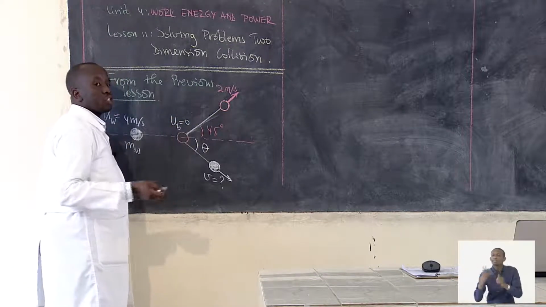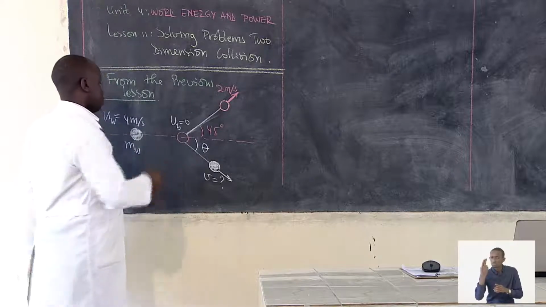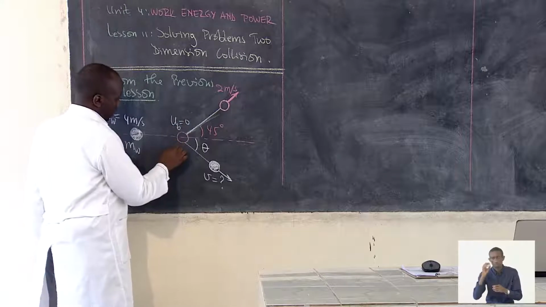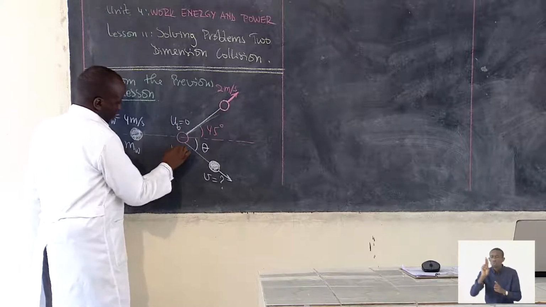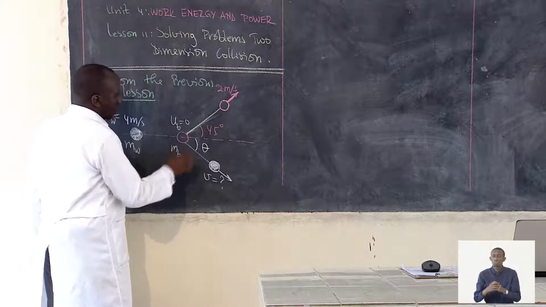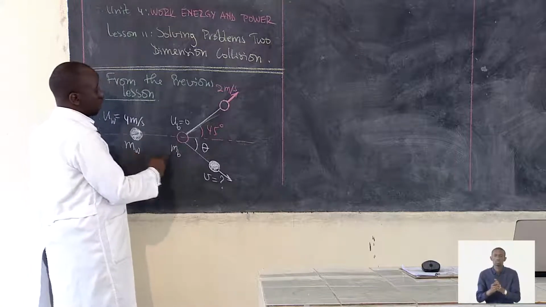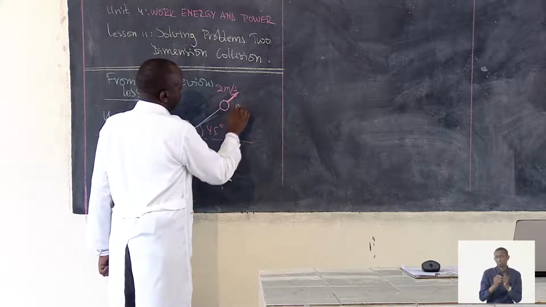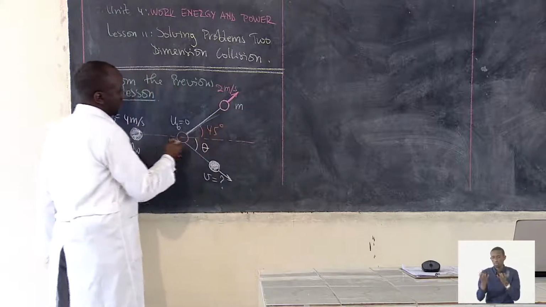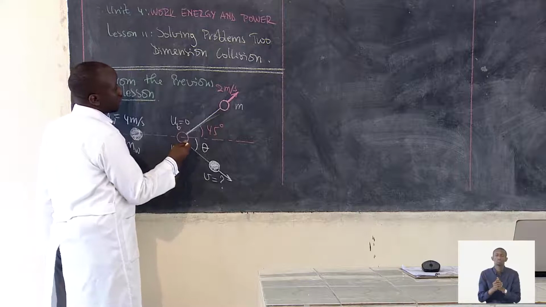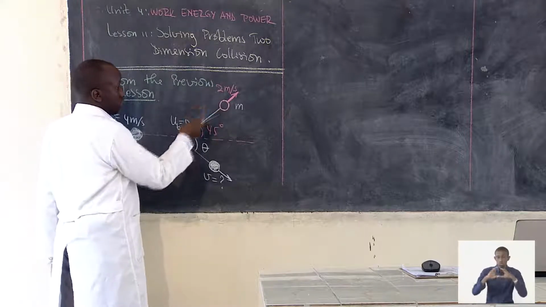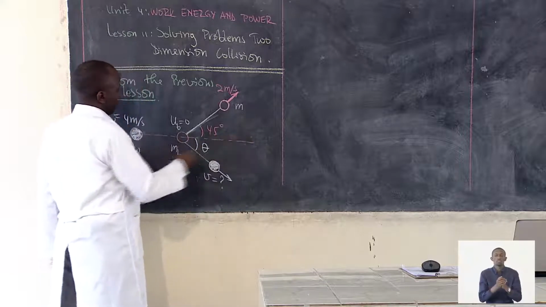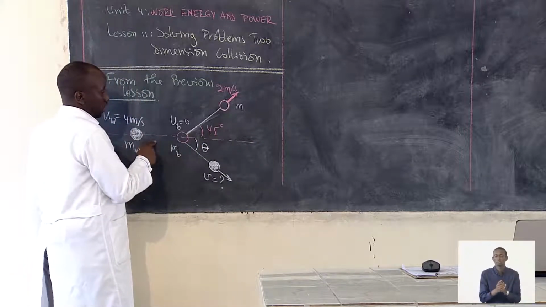To be 0 means that it's at rest. So here it is at rest, and the mass of this one, the black, is of course equal to the one of the white. And the black ball is taking this direction, at an angle of 45 degrees from the original direction before the collision.